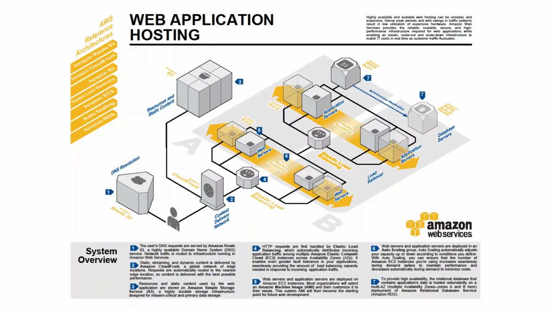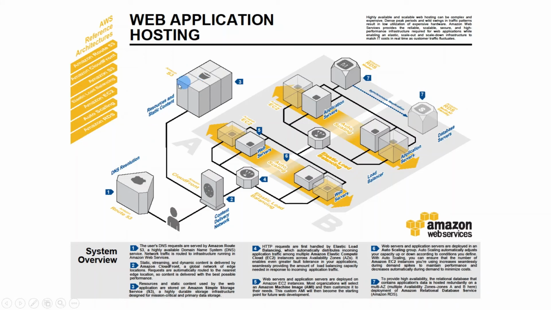Next, we take a look at the AWS reference architecture for web application hosting. As we see here, first we have the DNS resolution served by the Amazon Route 53 service. Then we have the CDN, which is Amazon CloudFront.